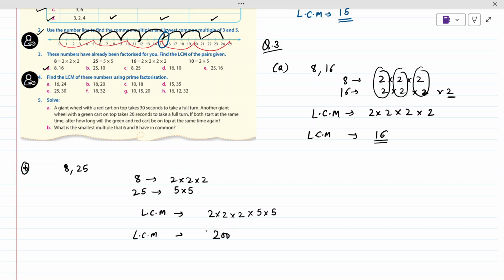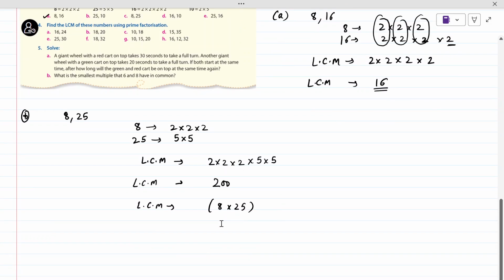Okay, also understand one thing, kids. If by seeing the numbers we can figure out that there is nothing common, then we can just write the LCM as the product of these two numbers. So if no factor is common in the given two numbers, then we will just find the product of these two numbers, which will be the LCM.